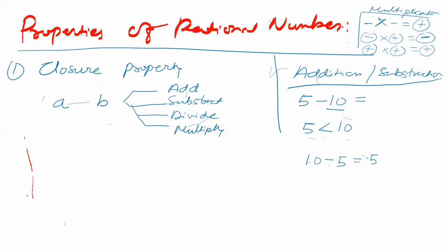Here we are subtracting 10 from 5. Will I be getting 5 also here? No, that's not the case. When you subtract a bigger number from a smaller number, we get a negative sign with the number. That's the first rule.